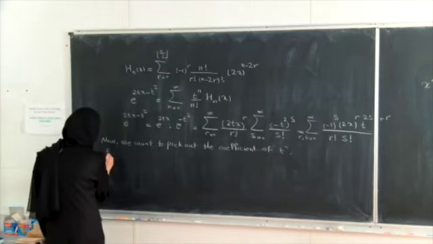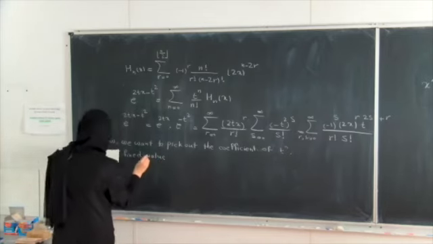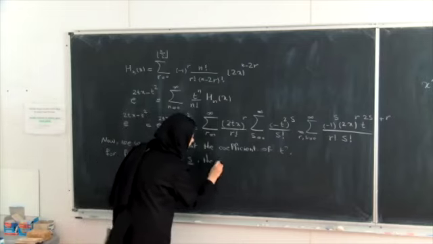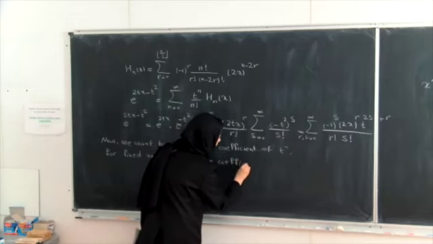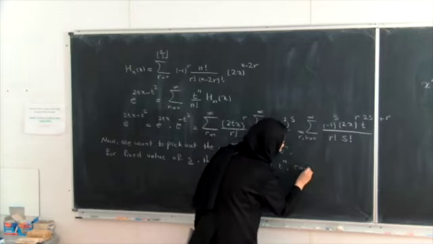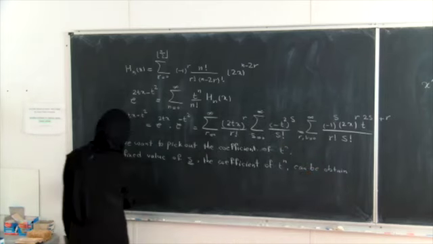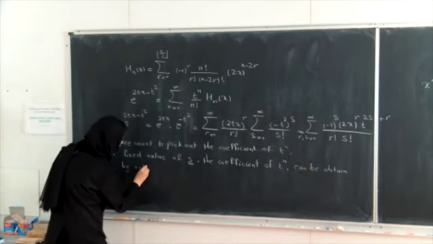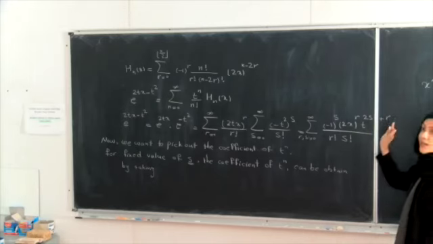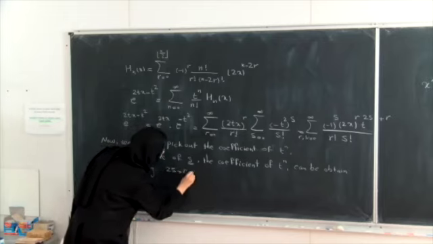For a fixed value of s, the coefficient of Tn can be obtained, it's clear, by taking 2s plus r equals n.